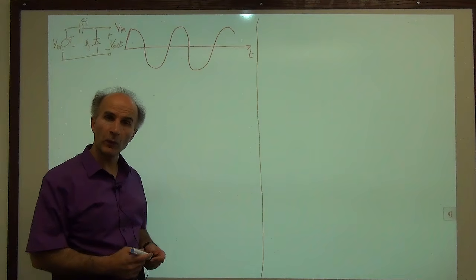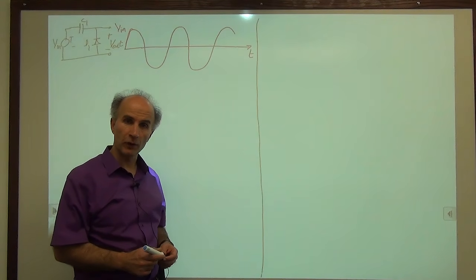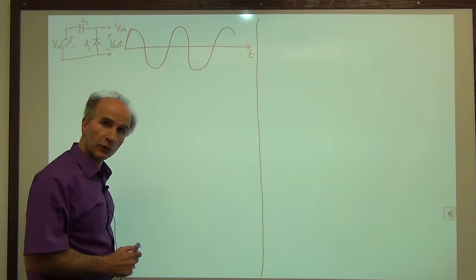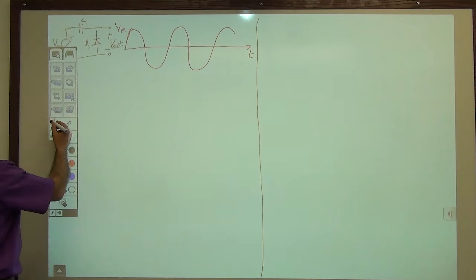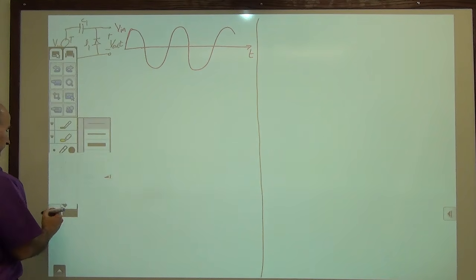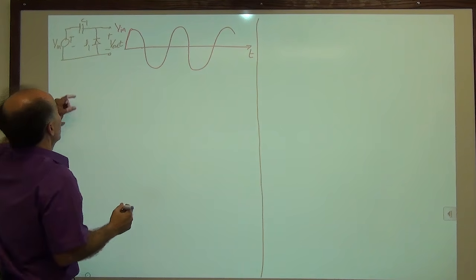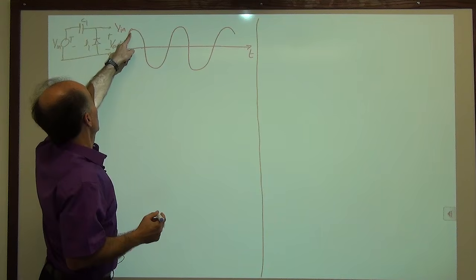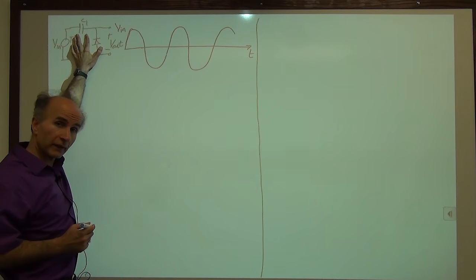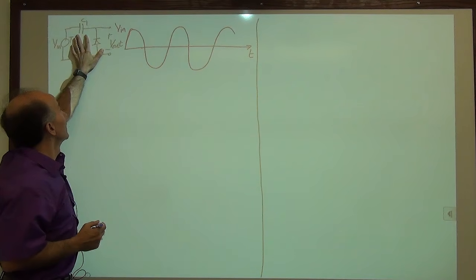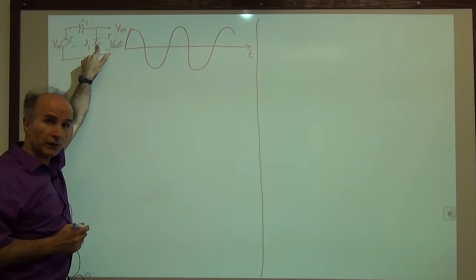All right, so what did you get for the output waveform? Well, let's just do it step by step. Let me change the color of my pen to blue. So we begin from here. Vin is going up. If Vin is going up and the capacitor has zero initial condition on it, we don't expect the diode to turn on.